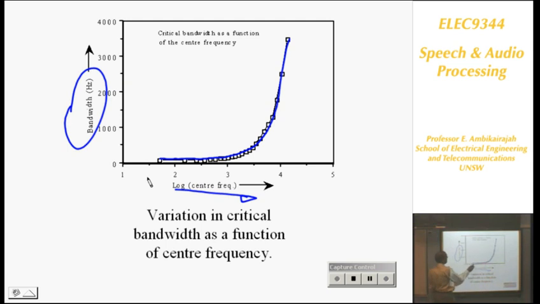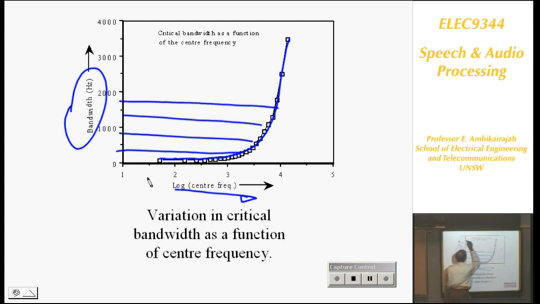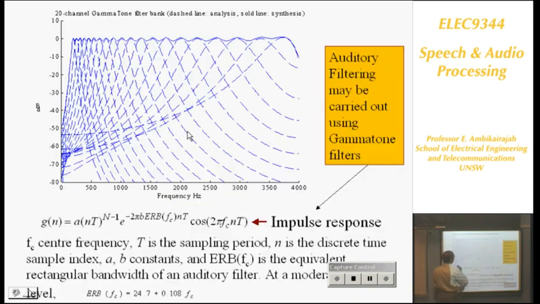So that's just showing the bandwidth. If you now plot all these filters using these bandwidths, which you have done in your mini project, they are overlapping filters, and you can see low bandwidth and high bandwidth.